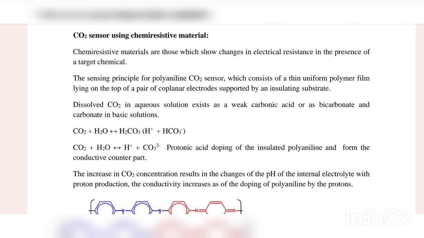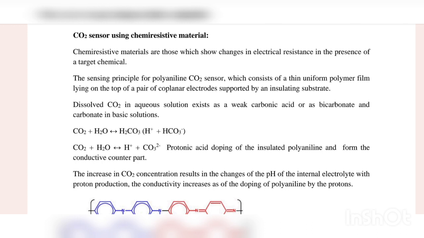Till now, we have discussed conductometric sensors, in which the unknown concentration of an analyte, the unknown concentration of a particular solution, can be determined by the change in resistance or conductance of a solution.